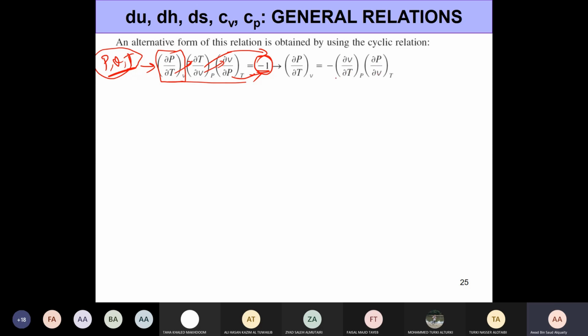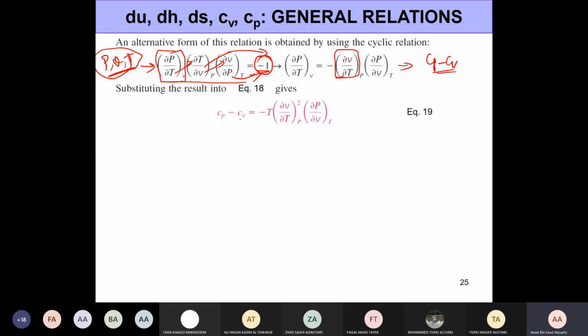This formula is something that we already had before. So when we substitute this into the Cp minus Cv relation that we just saw, we're going to get Cp minus Cv is equal to minus temperature times dou V by dou T squared, times dou P by dou V. This is another expression that we have.